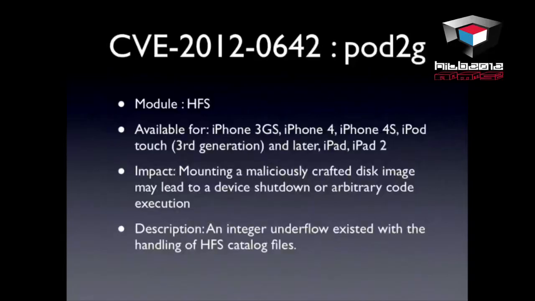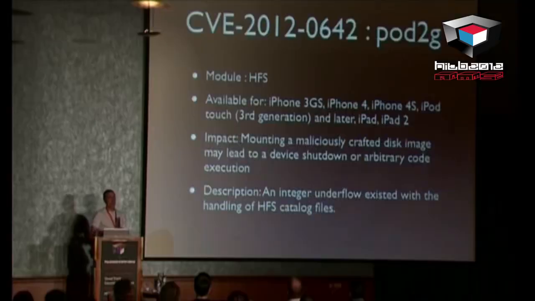So here is the vulnerability I found earlier in the HFS module. This is the changelog of iOS 5.1. So basically, there is an integer underflow in the handling of HFS catalog files. To be honest, I don't quite understand the bug.